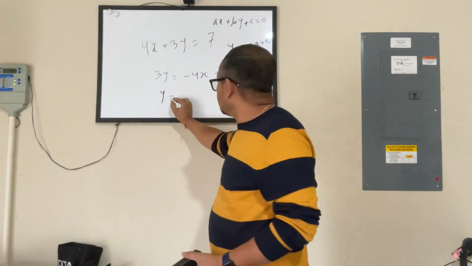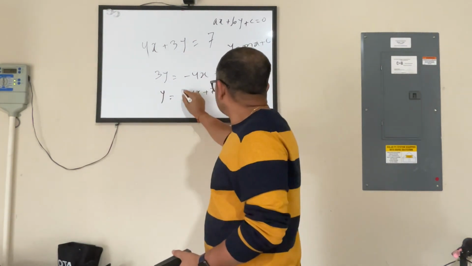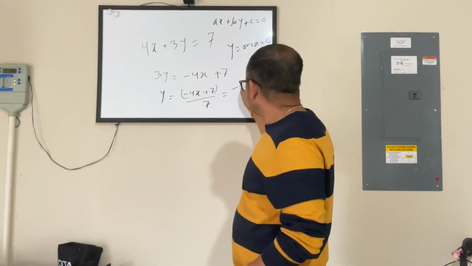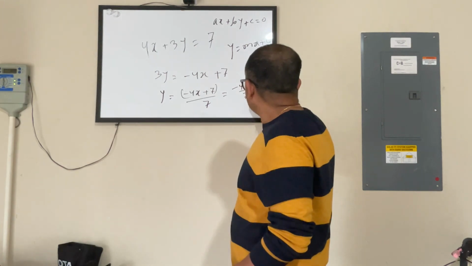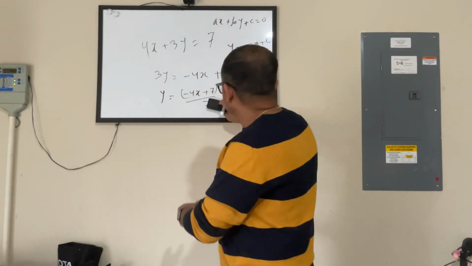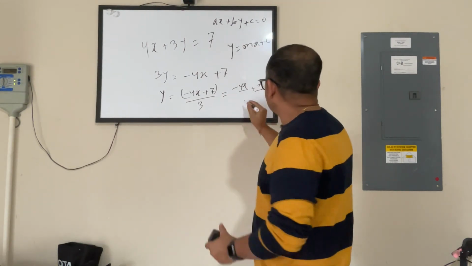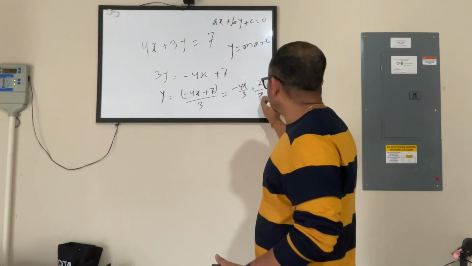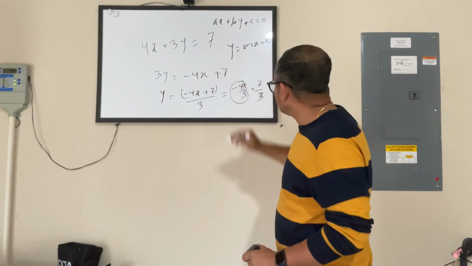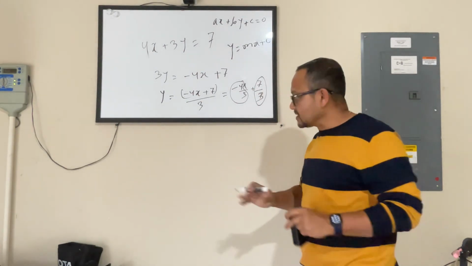So here this becomes y equals minus 4x by 3 plus 7 by 3. So this minus 4 by 3 is your slope and this is your intercept. This part is clear, right?